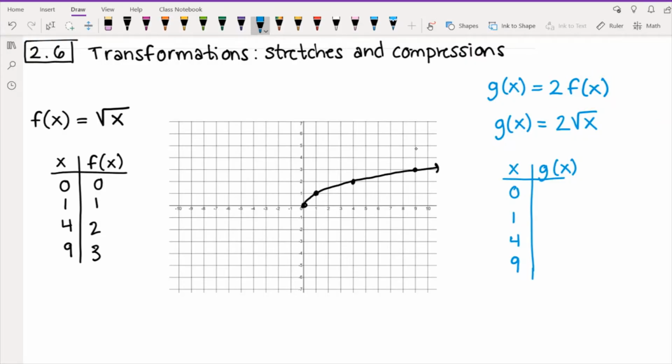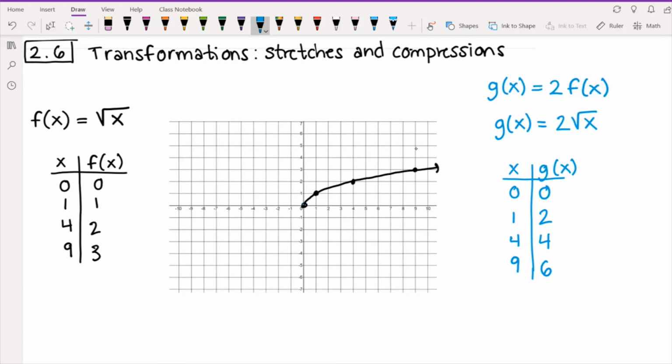So the square root of 0 is 0, multiplied by 2, that's still 0. Square root of 1 multiplied by 2 is 2. Square root of 4 is 2, multiplied by 2 is 4. And then finally, square root of 9 is 3, multiply that by 2 and we get 6.